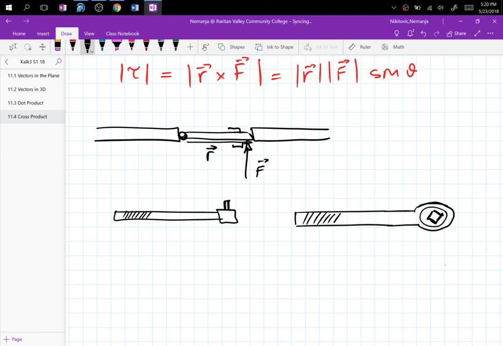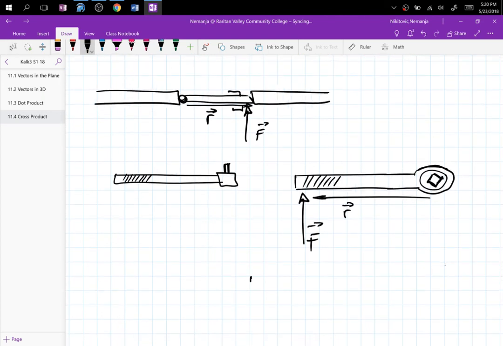So, what do I want to say over here? Yes. So the force will be attacking this way, and you have your radius R, and then you can find the torque, which would be force cross radius.